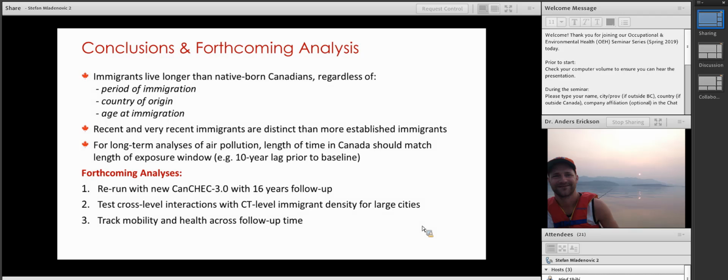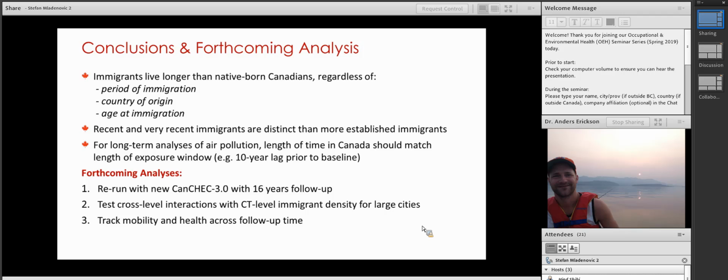We have exposure lag periods going back 10 years, so our minimum length of time in Canada is going to be 10 years. Going forward, we're going to be excluding recent immigrants of less than 10 years because we want to have that exposure window included for their time in Canada.